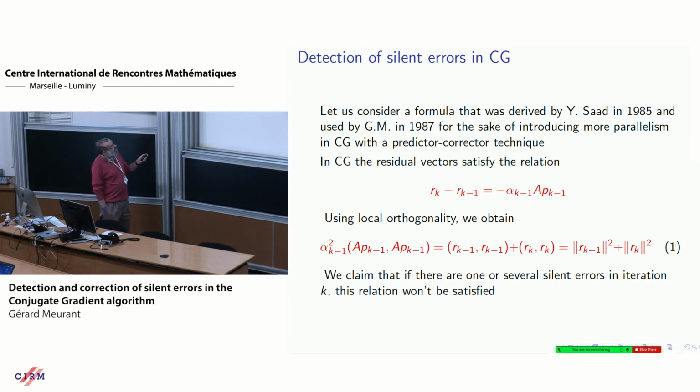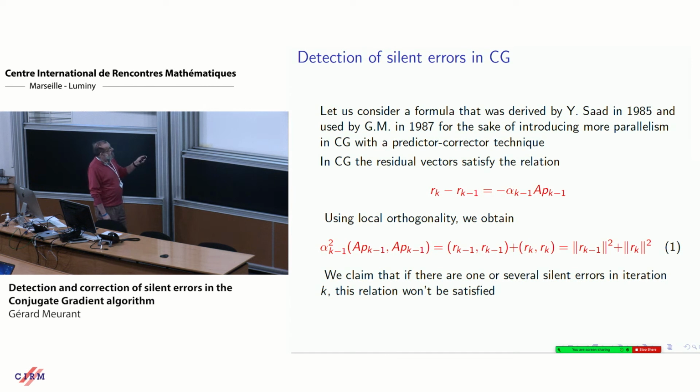In CG, you have the residual norms which satisfy this relation. R_k are the residual vectors. This alpha is one of the CG parameters, which is the ratio of the norm of R_{k-1} squared divided by p_{k-1} transpose A p_{k-1}. And you have the matrix vector product A p_{k-1}.